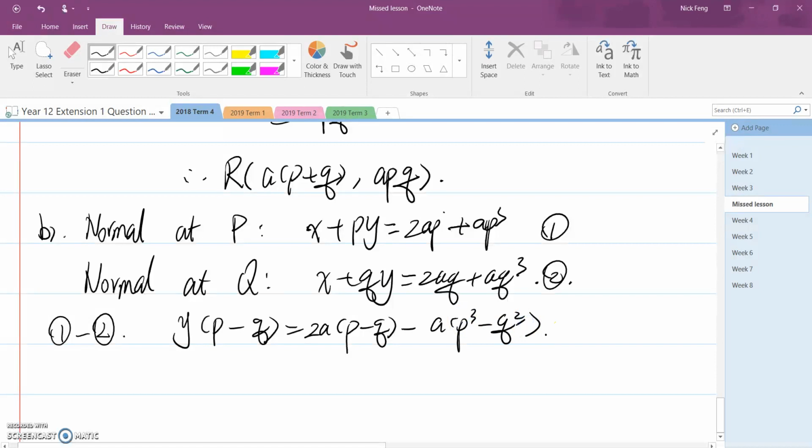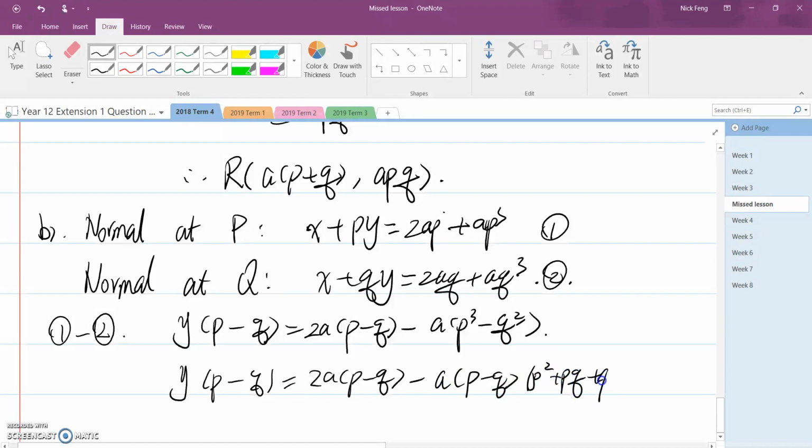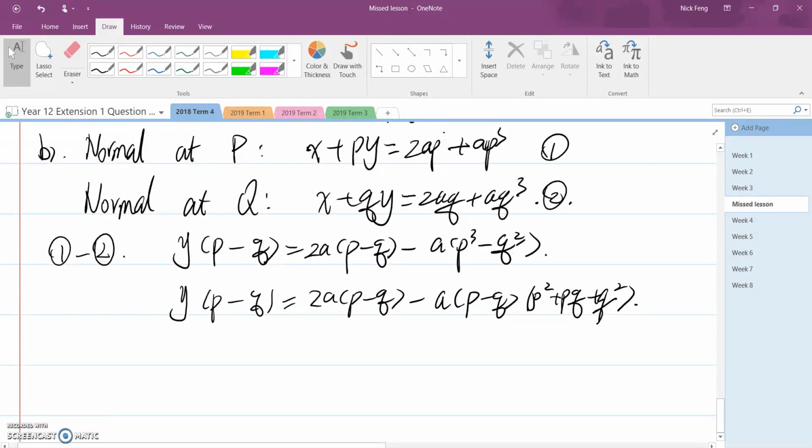And you would be able to factorize the other one, in case someone will ask me: 2a(p minus q) minus a(p minus q)(p squared plus pq plus q squared). That's a difference of two cubes.